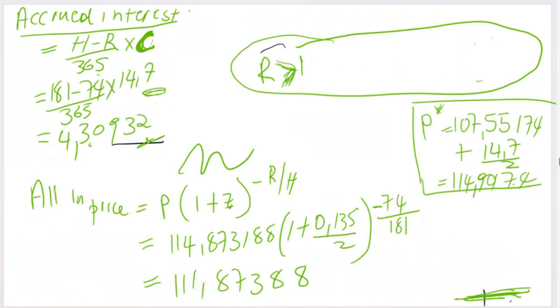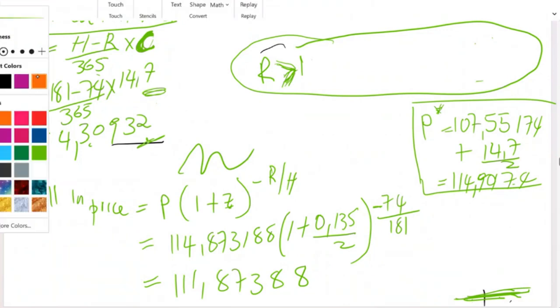It's always safe to leave your things in 5 decimal places.